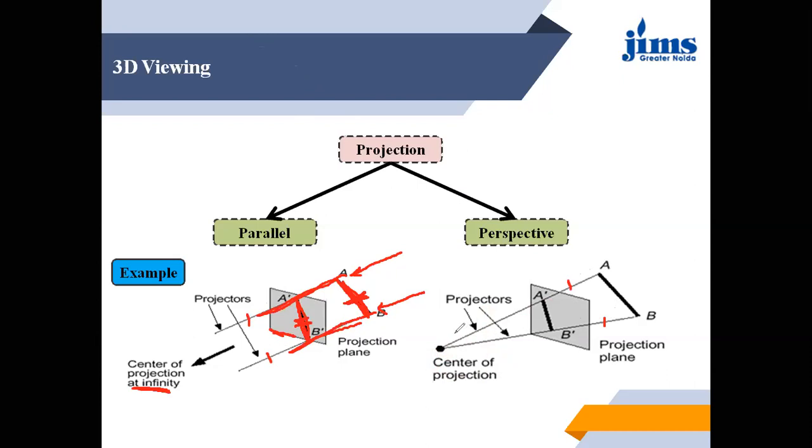It is seeing the object from this point. This is the object. As I told you, the image can be on both sides, in the front or in the back. So we are seeing the image of this object on the front projection plane, and this is A dash B dash on the projection plane.